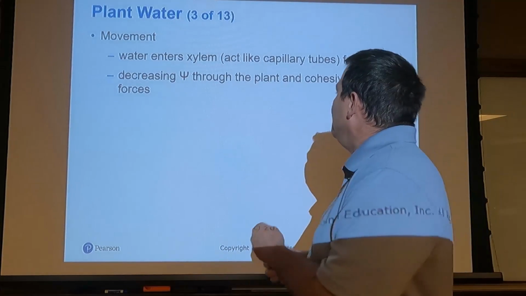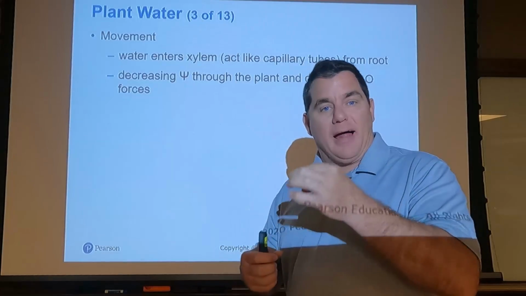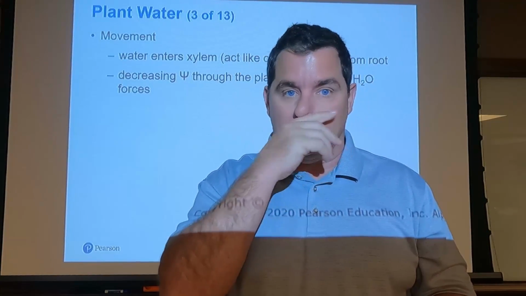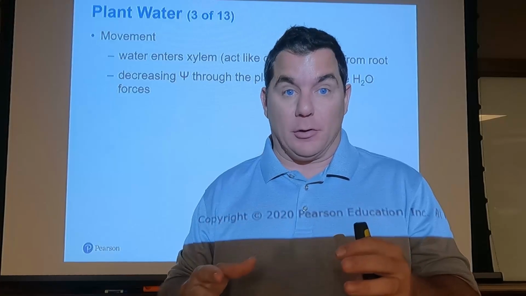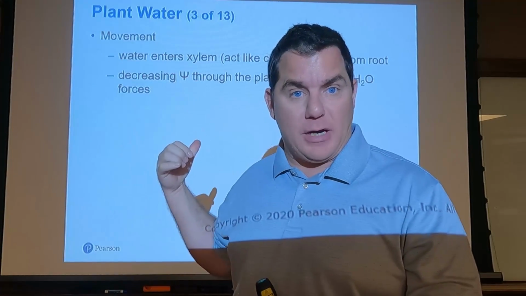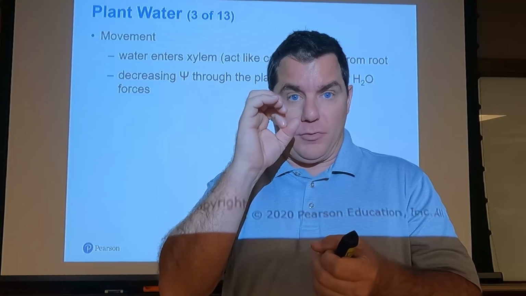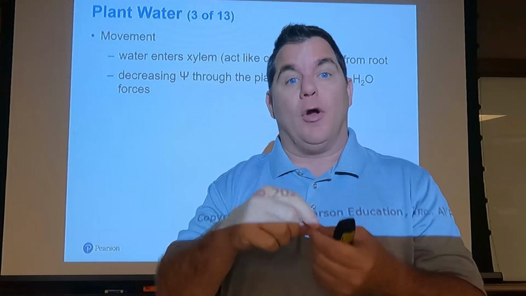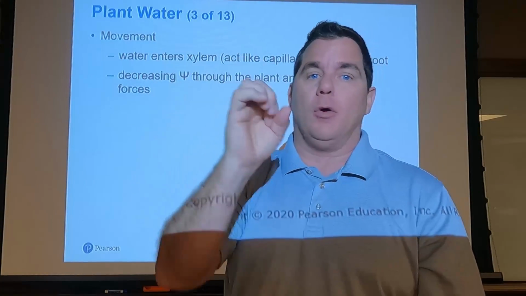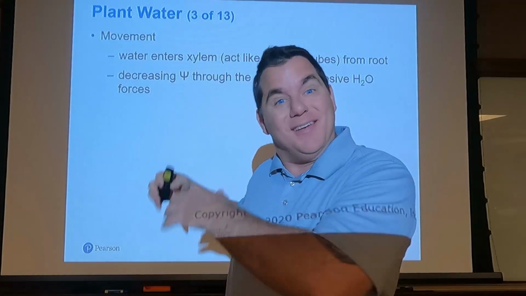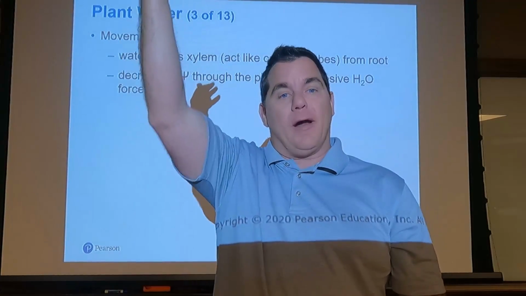Up those capillary tubes. So the xylem would be very, very small, have a very small diameter. Now remember, we're talking at the cellular level. Remember a couple units ago, we were talking about the xylem and the phloem and the tissue and then the organs and all that. So those cells are very small, and so the smaller the cells, the smaller the tube, the greater the rise.